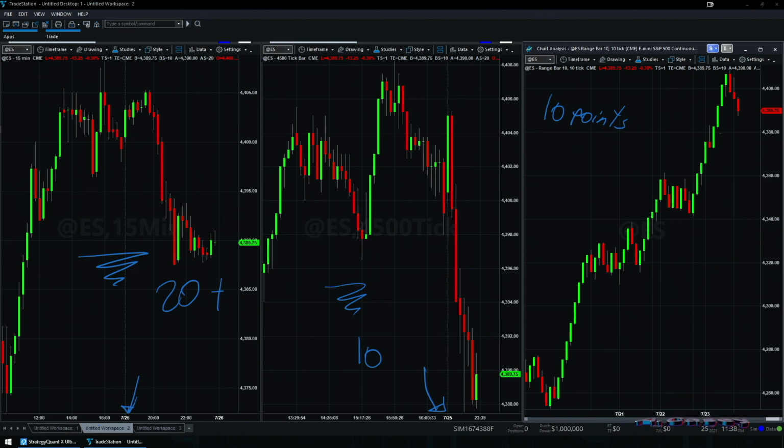The July 25th happened in this bar, so we have only 2 bars representing July 25th, while with the tick chart we have about 10 bars, and with the 15-minute bars, we have about 20 bars. So you see the noise: the lower time frame you go, the more noise you're going to see.